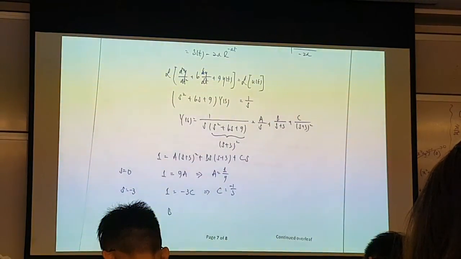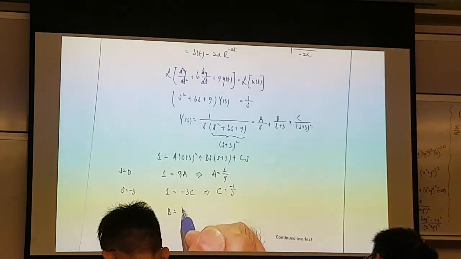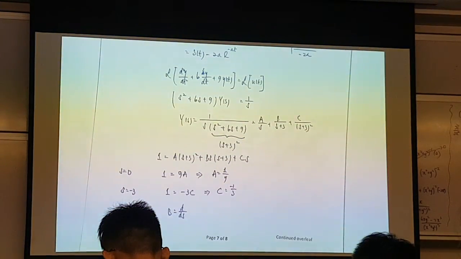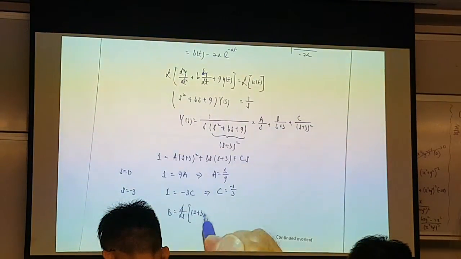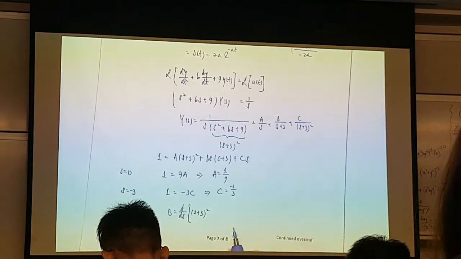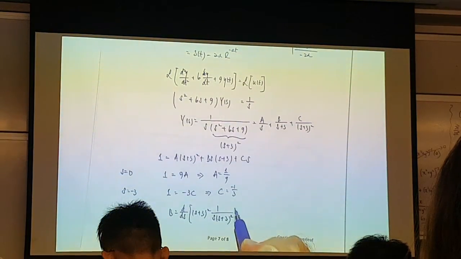If you still remember what we discussed before, for B with the repeated roots, you take the differentiation. You multiply by (s plus 3) squared, which is multiplied by the whole function. So in this case, the function is actually 1 divided by (s plus 3) squared.